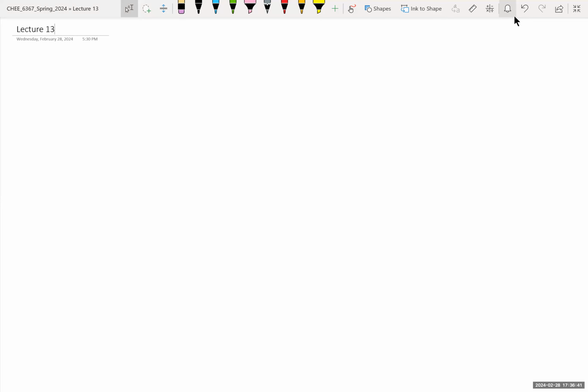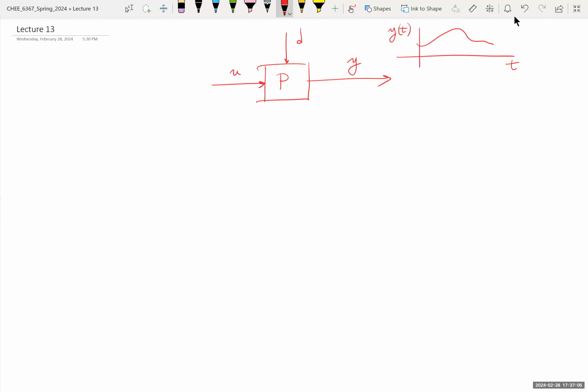Last time we talked about basics. Let's very briefly discuss these. So we have here a process. There may be some disturbances to the process and some manipulations that we provide to this process, and it produces a signal Y over time. That signal is sampled. There is a device here that creates a digital signal from this continuous signal.